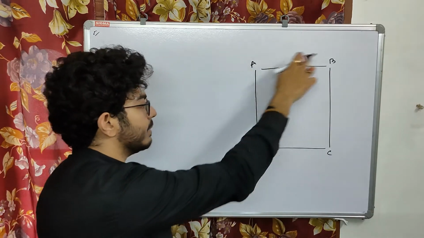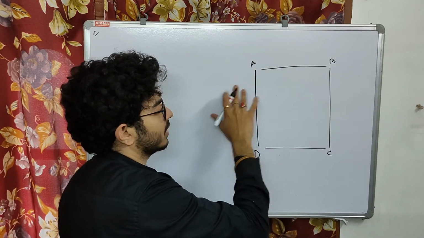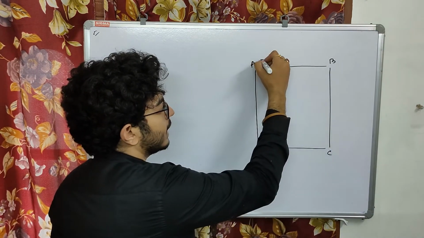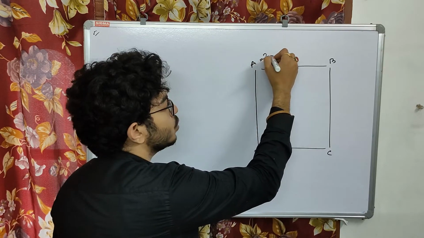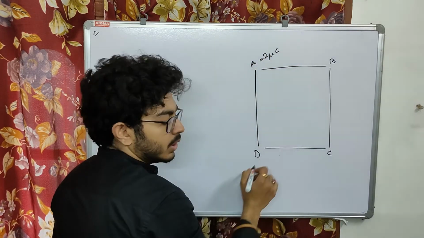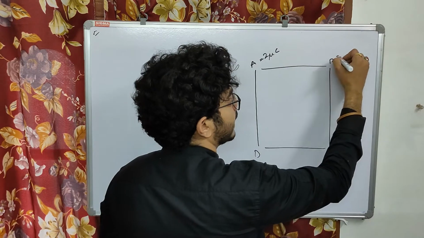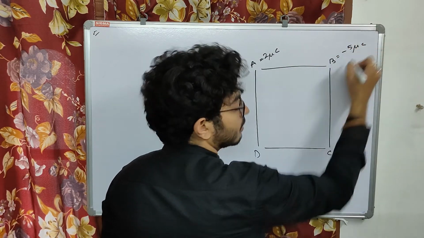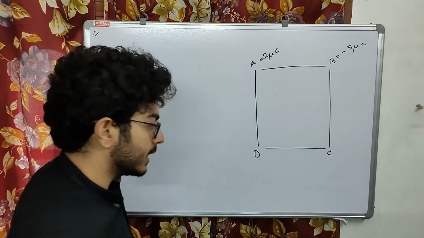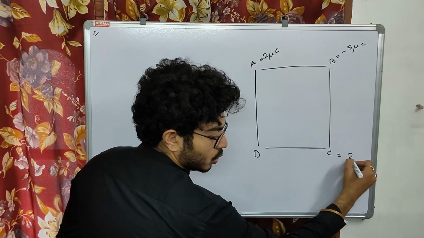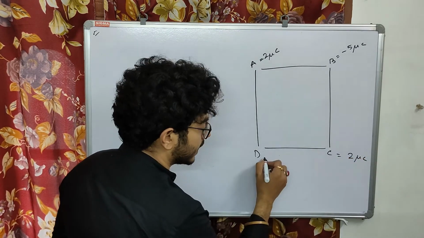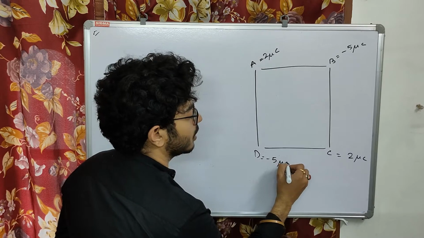If you use A, B, C, D like this or like this, whatever. So QA contains 2 microcoulomb, QB contains minus 5 microcoulomb, QC contains 2 microcoulomb and QD contains minus 5 microcoulomb.